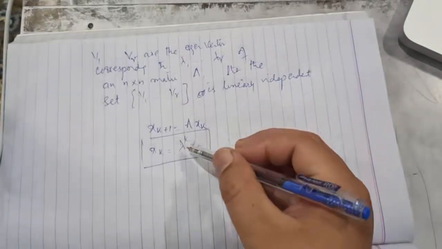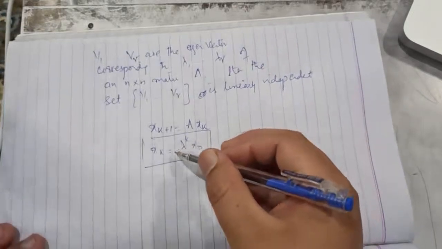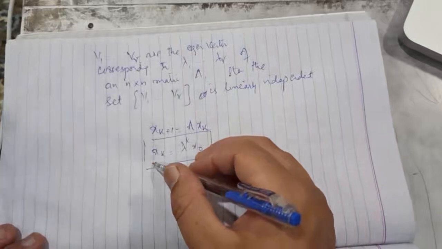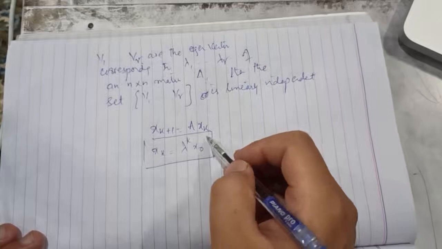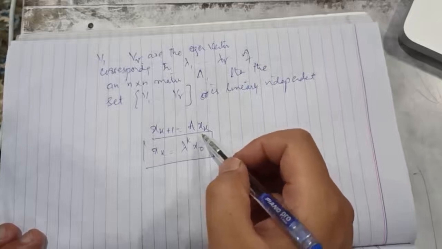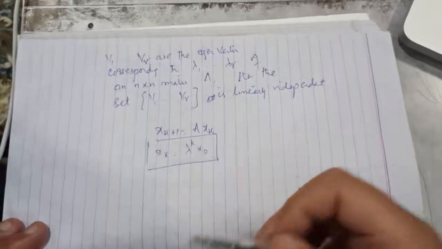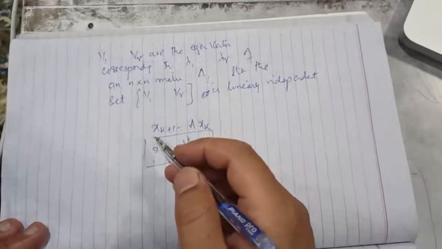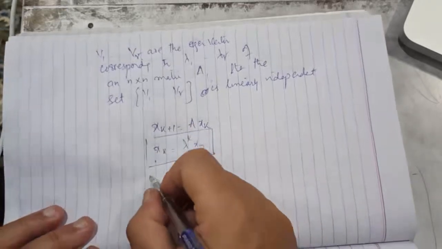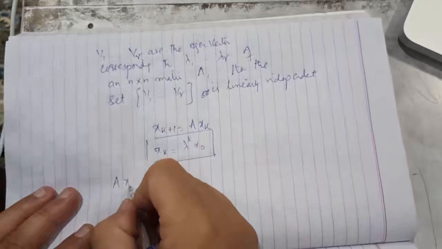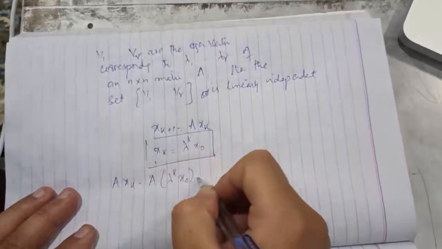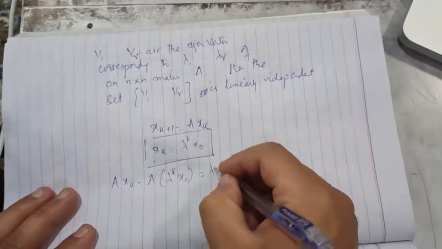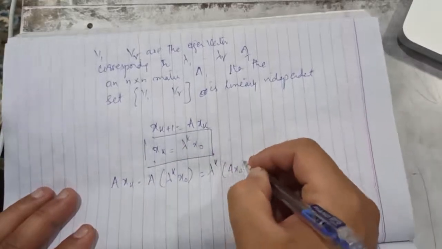Simple like that, starting from the 0 position, you can keep multiplying, taking the power of the eigenvalues to find out x of k, because from the very fact here that Ax is equal to lambda x. So A times x of k is equal to A times lambda to the k times x naught.